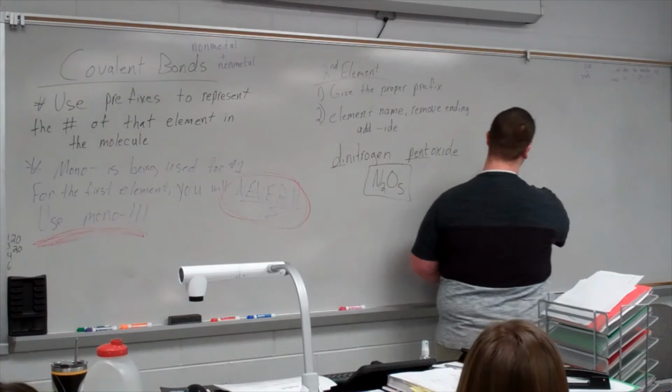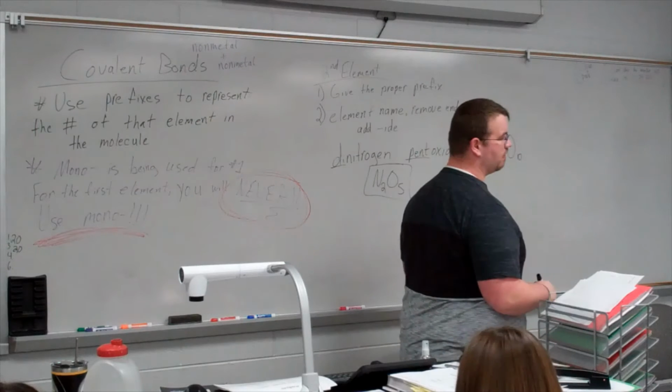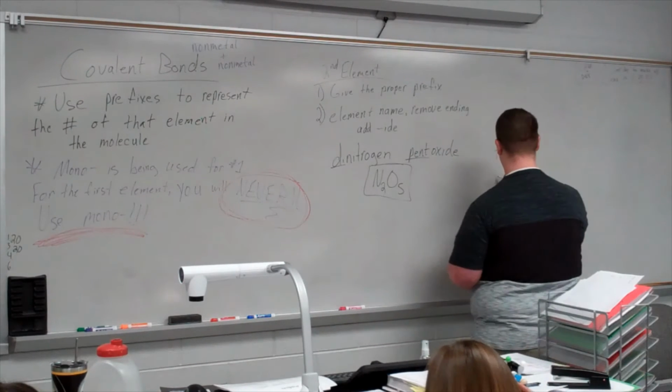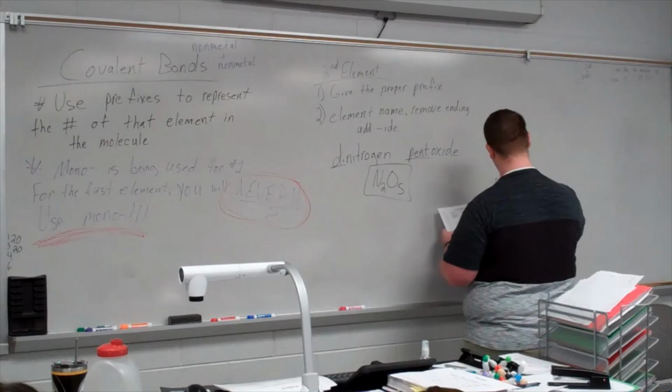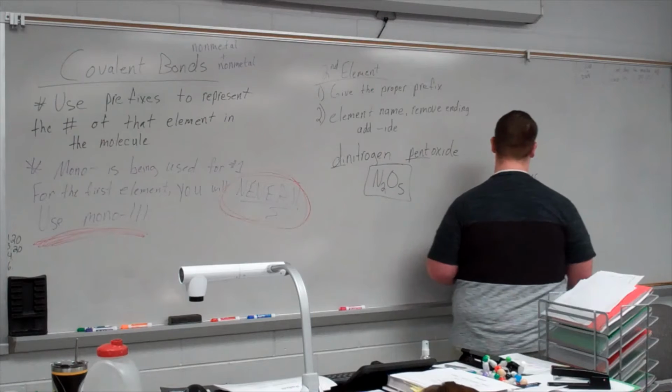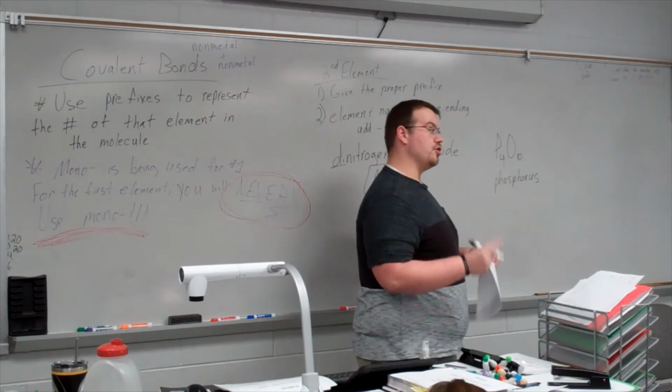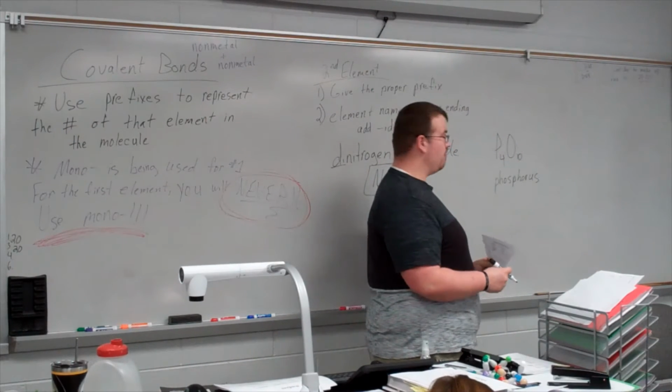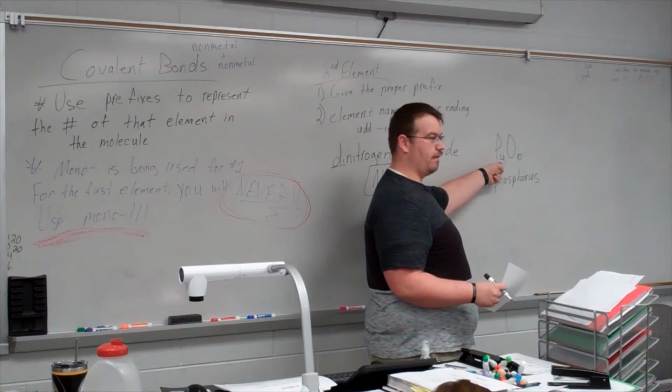Alright, so in this case, P4O10. First element, phosphorus. Write the element name down. You've got to put the prefix with it. Why? Because there's a 4. Because it's not mono.